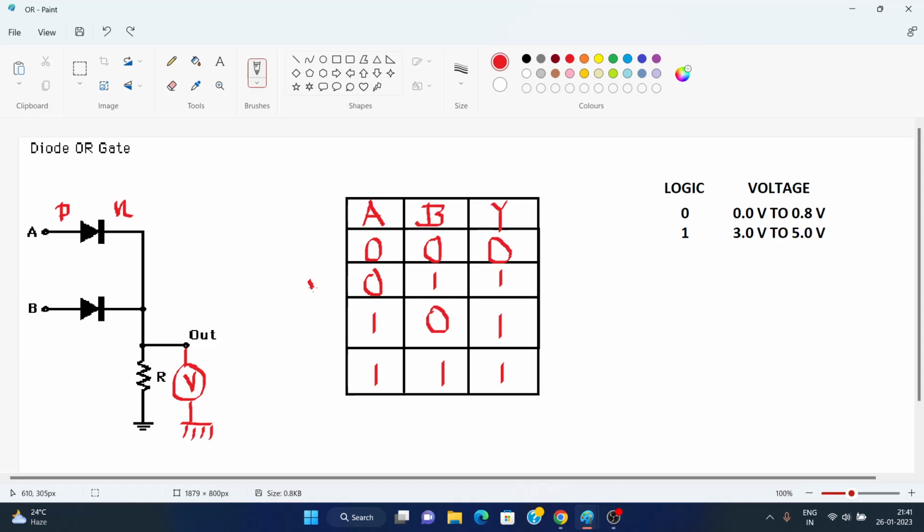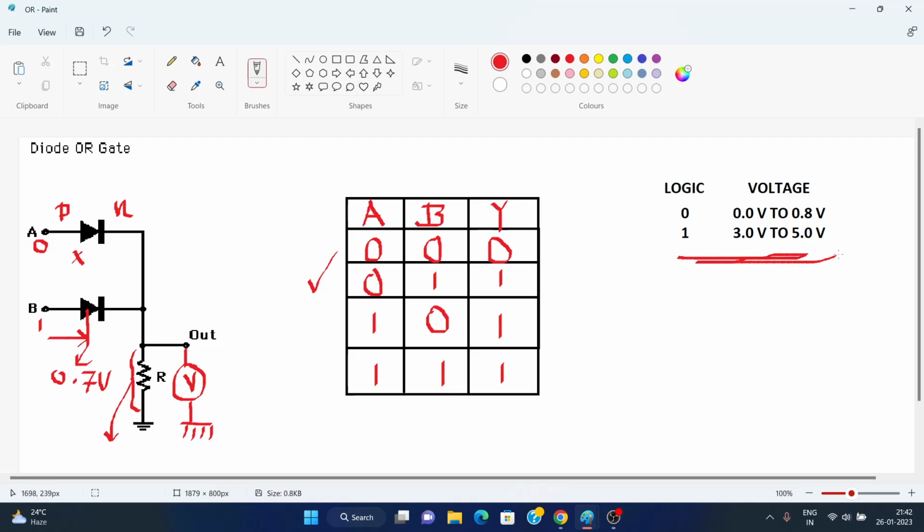Now the second row, A is 0, B is 1. That means we connect A terminal with ground and B terminal with battery, and current passes through this, but current does not pass through this diode, and 0.7 volt drop appears here for silicon diodes, and the rest of the voltage drop we get across this resistance, which is approximately 4.3 volt, and which is measured as high.